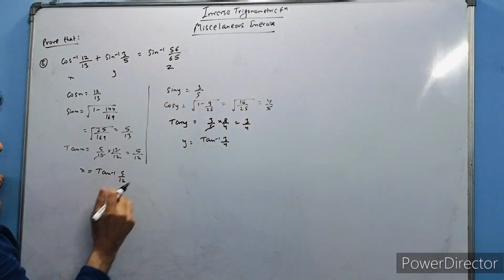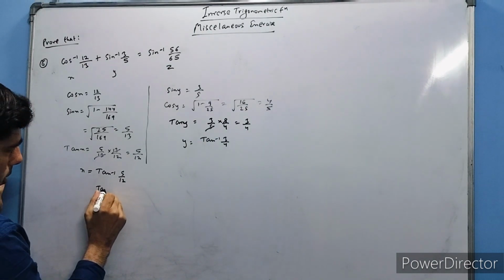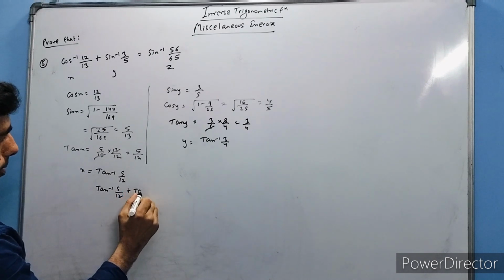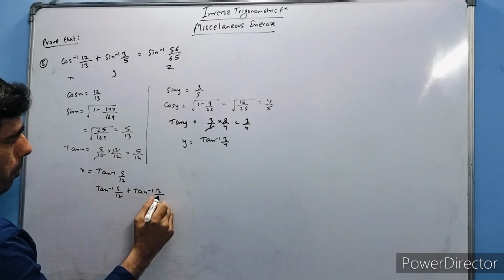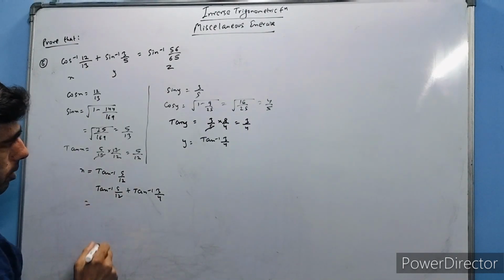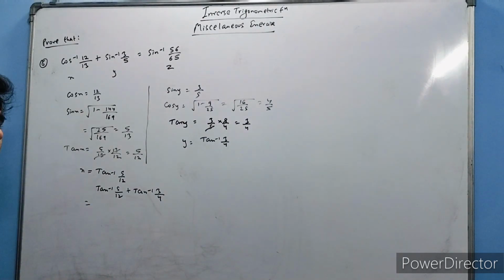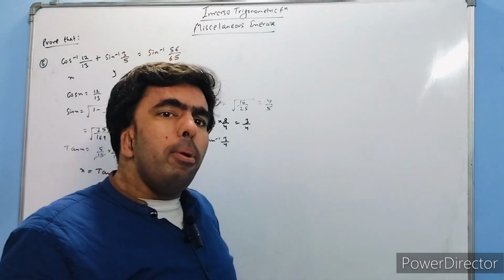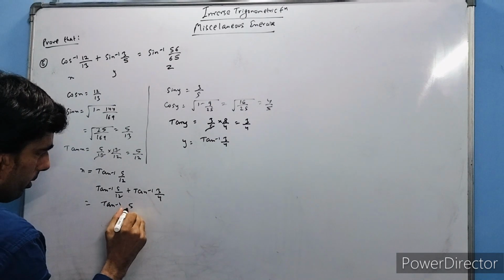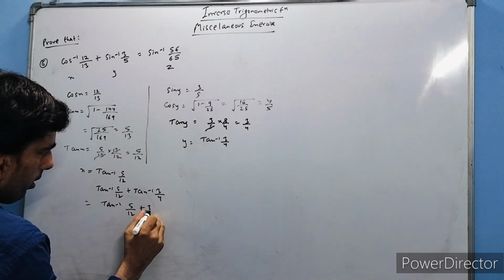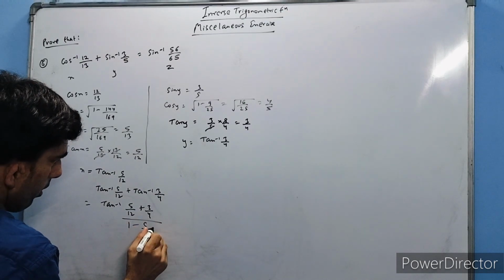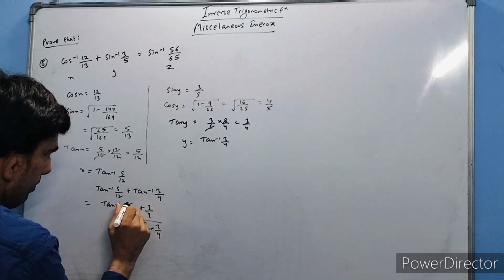Now we'll add it. So we'll have tan inverse 5 upon 12 plus tan inverse 3 upon 4. Okay, so now we have the formula here. Tan inverse x plus tan inverse y will be tan inverse of x plus y upon 1 minus xy. So we'll try to put it here.